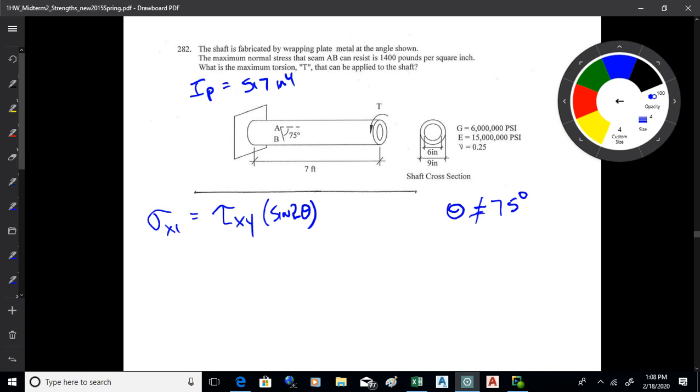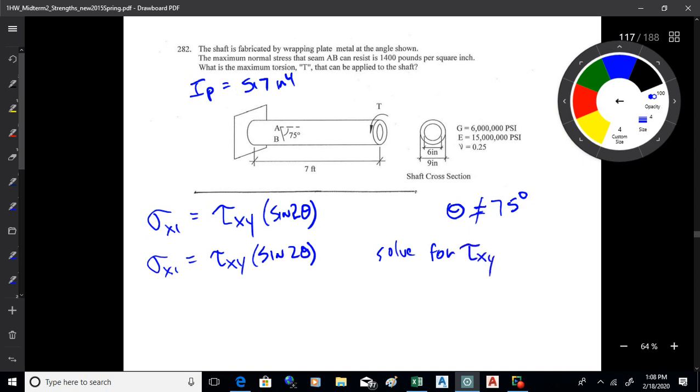So just always reference the angle to a plane when you're doing stress in the vertical. That's always how you reference that, okay? Regardless of how the angle is presented. So what you're going to have is sigma x1 is tau xy sine 2 theta. So you're going to solve that for tau xy.